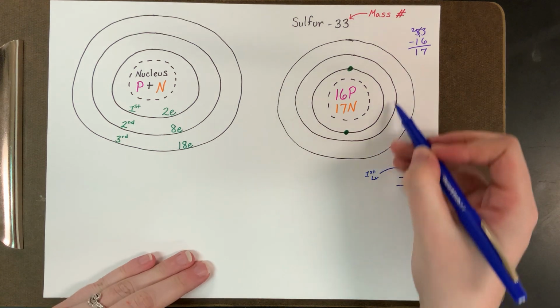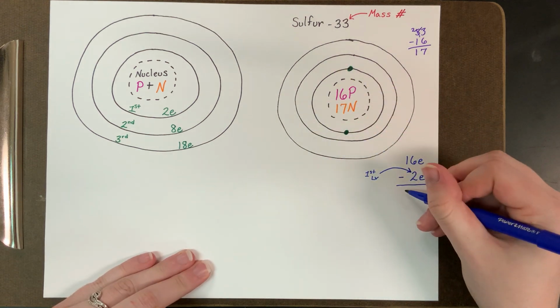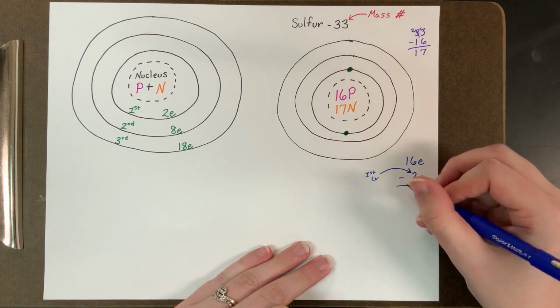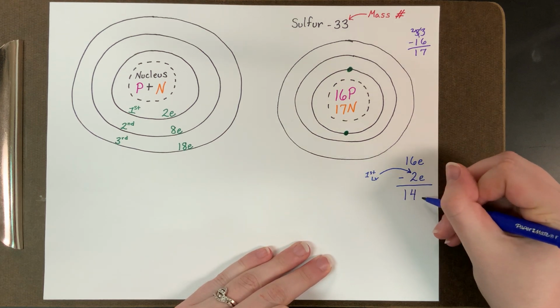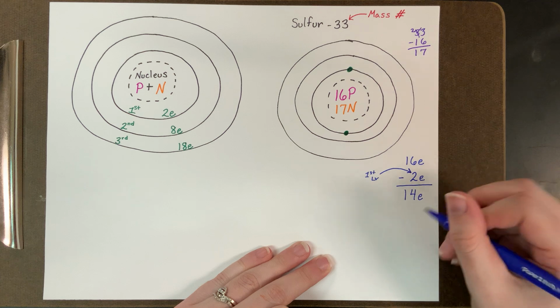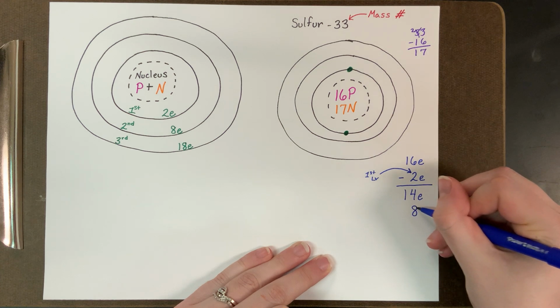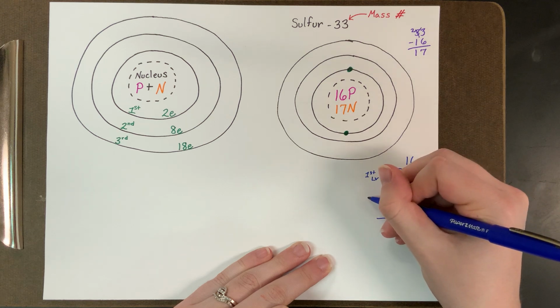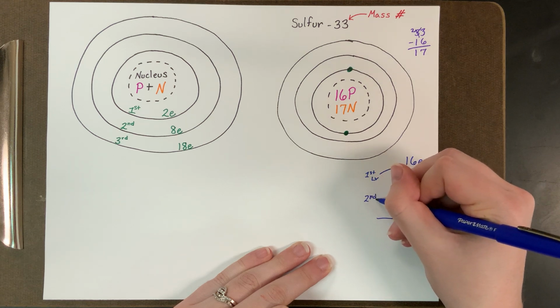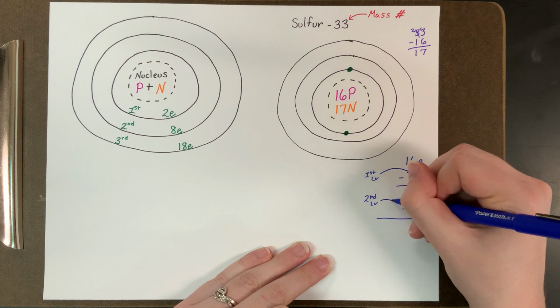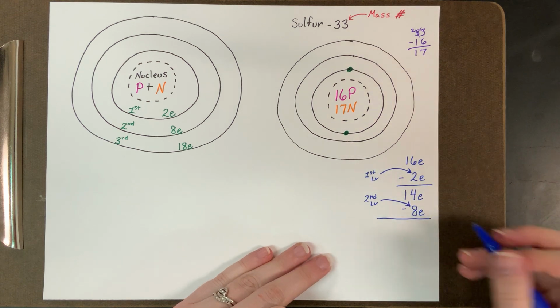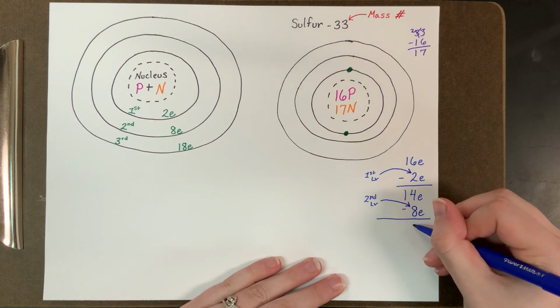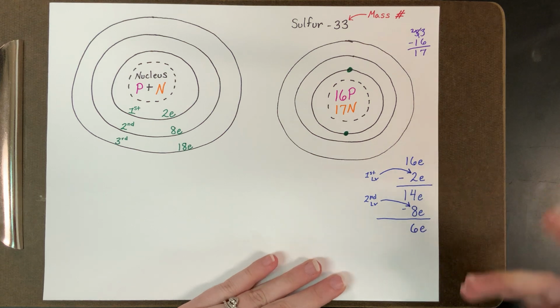The second energy level can only hold 8. So 16 minus 2 leaves me with 14 electrons. We said that the second energy level can only hold a maximum of 8 electrons. And so then 14 minus 8 will leave me with 6 electrons.